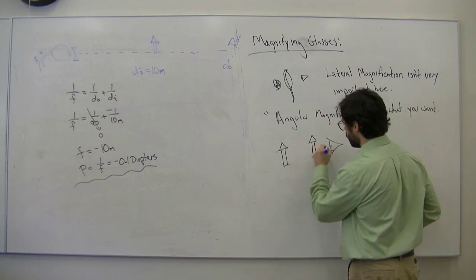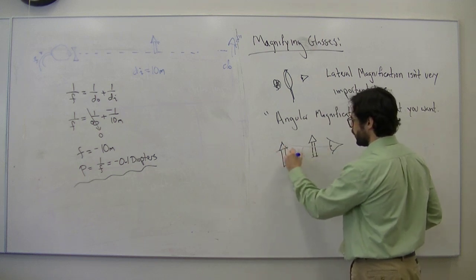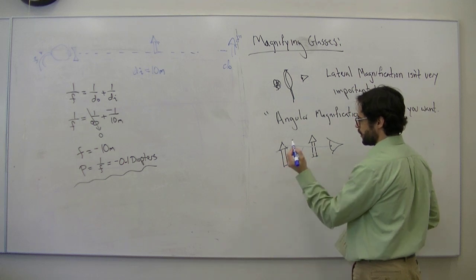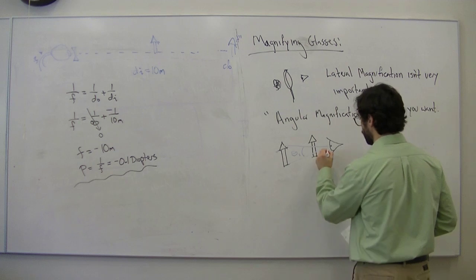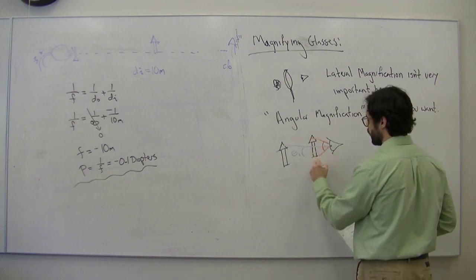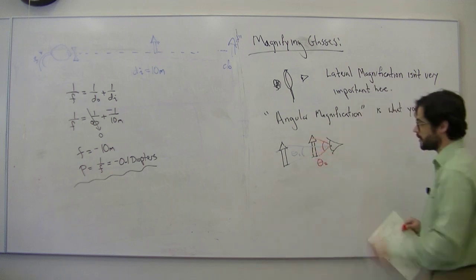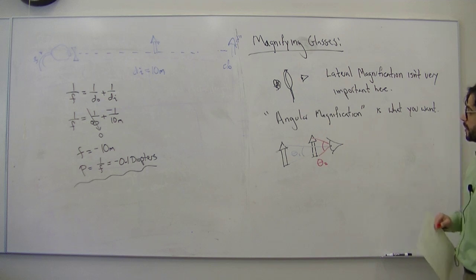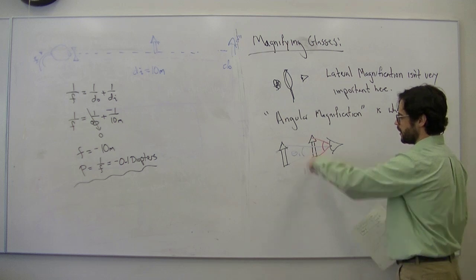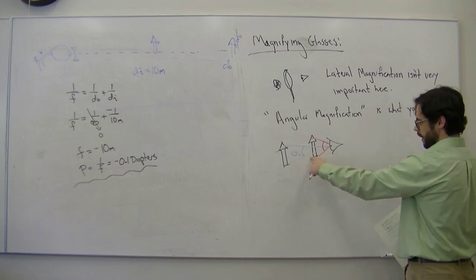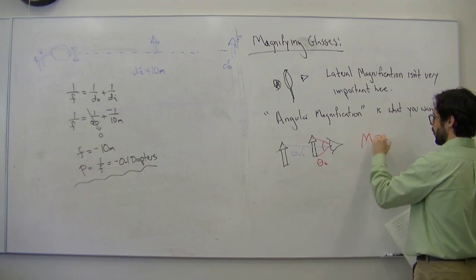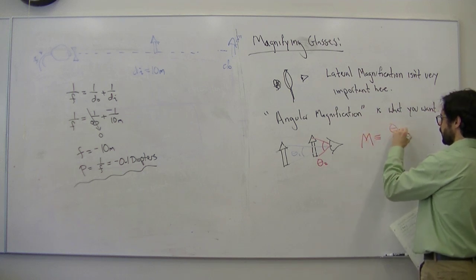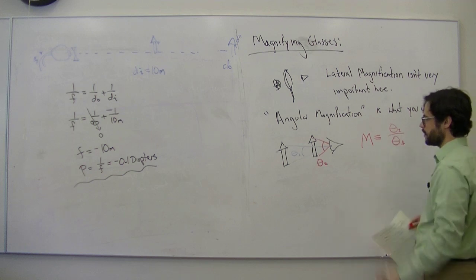But just by virtue of getting closer to the thing, what you've done is, we'll call this theta 1, and you've increased the angle on your eye that it subtends, is the fancy way of saying it. So the more space it takes up on your eye, the finer details you're able to see. So this is angular magnification. Angular magnification, we'll call it big M, is given by the ratio of the angles on which it subtends your eye.